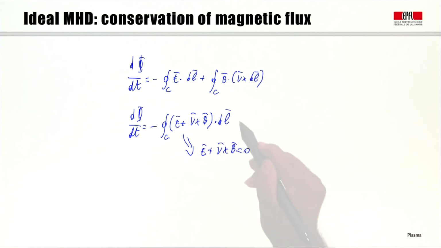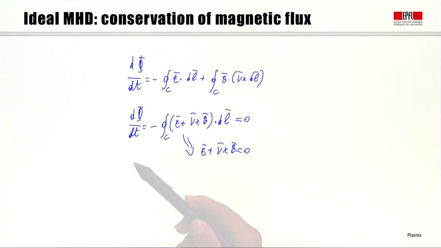And so this integral is equal to 0, which tells us that dΦ/dt is equal to 0. As dΦ/dt is equal to 0 in ideal MHD, the magnetic flux through every surface moving with the plasma is constant. The magnetic flux is therefore frozen into the plasma in the absence of plasma resistivity.